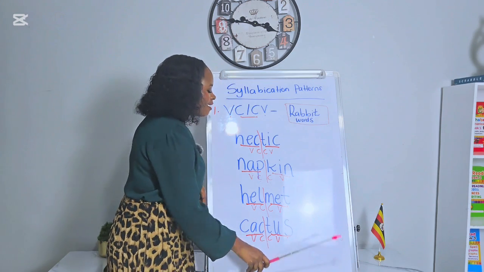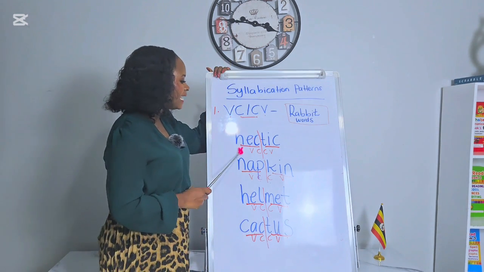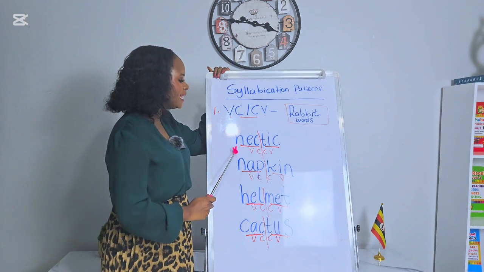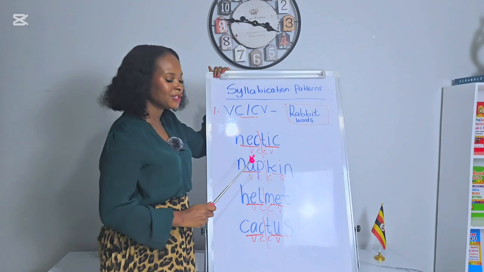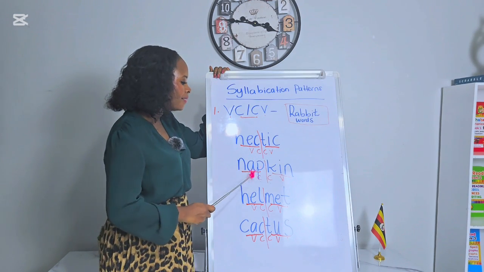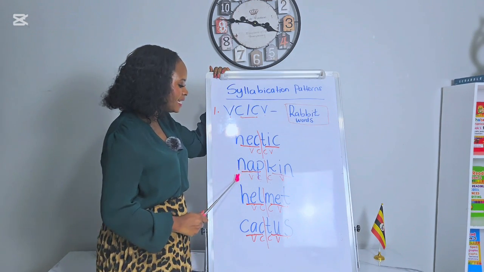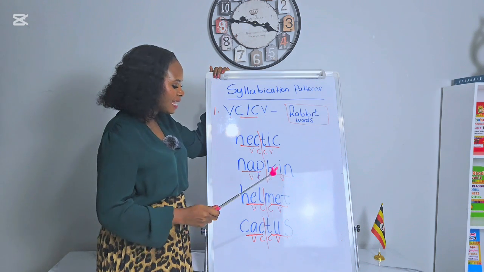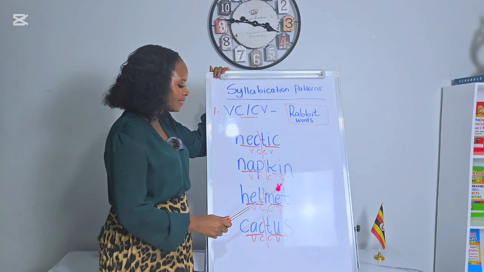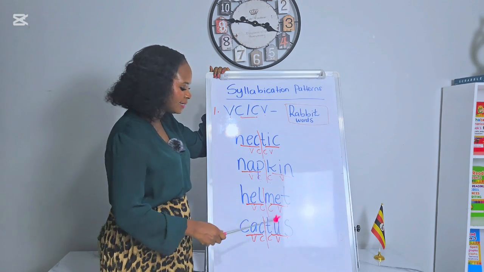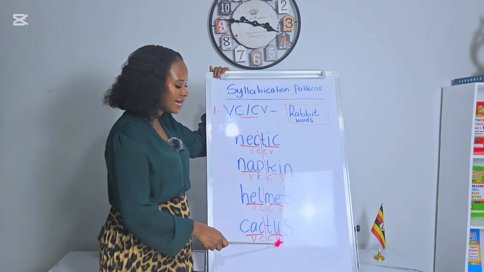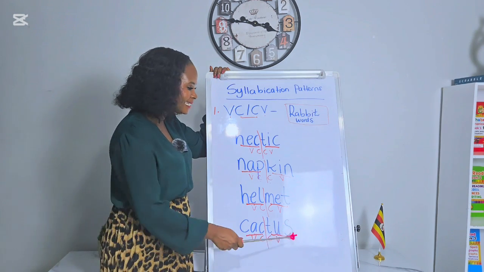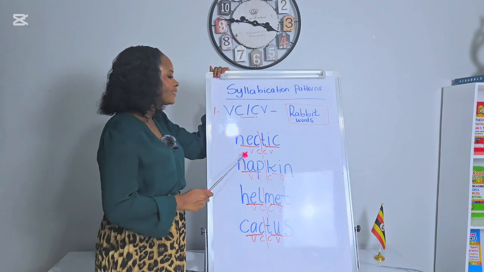Okay, let's read our words together. Hectic. Blend, hectic. Do it with me. Napkin. Blend, napkin. Helmet. Blend, helmet. Cactus. Blend, cactus. Your turn.